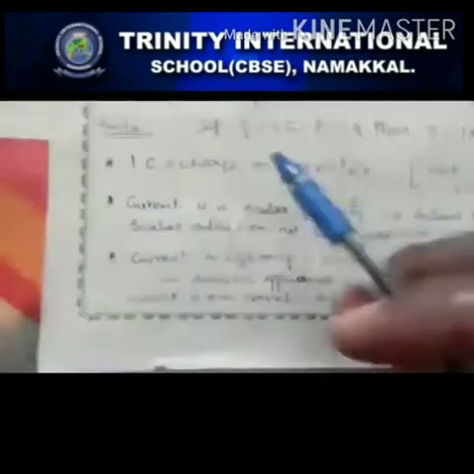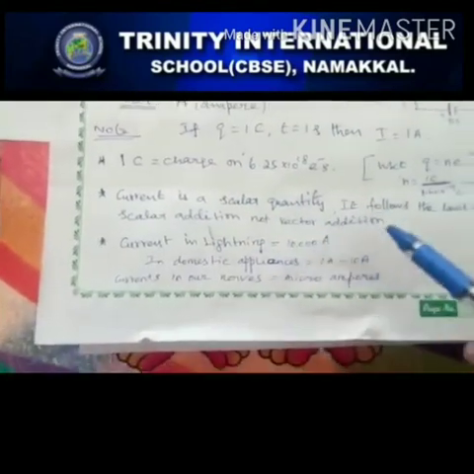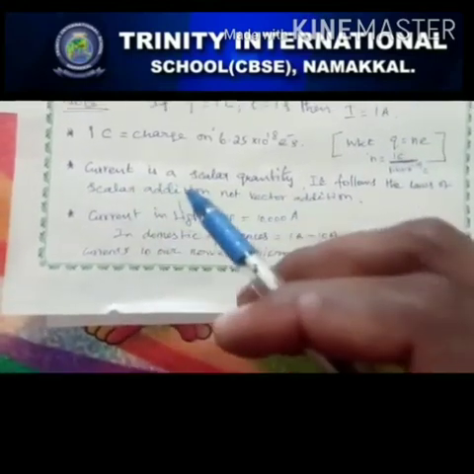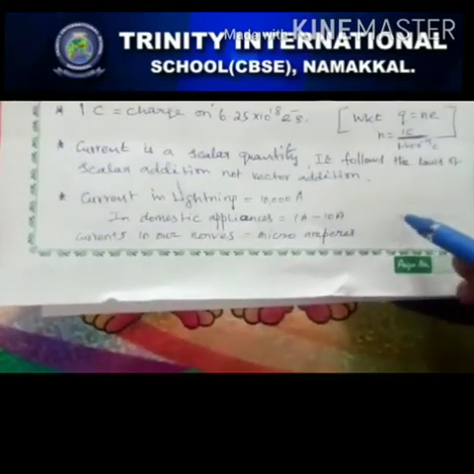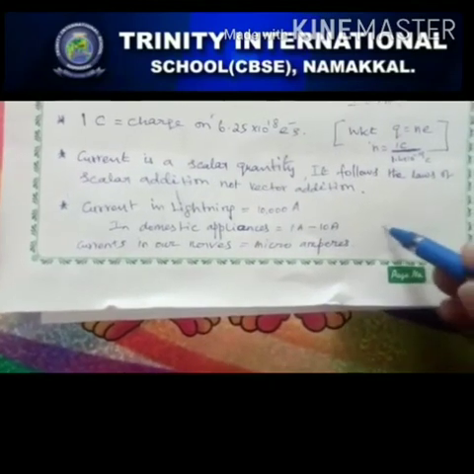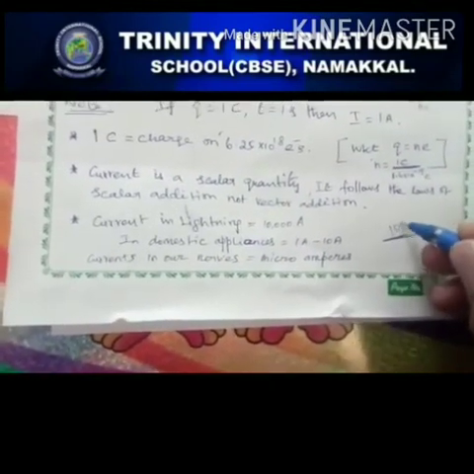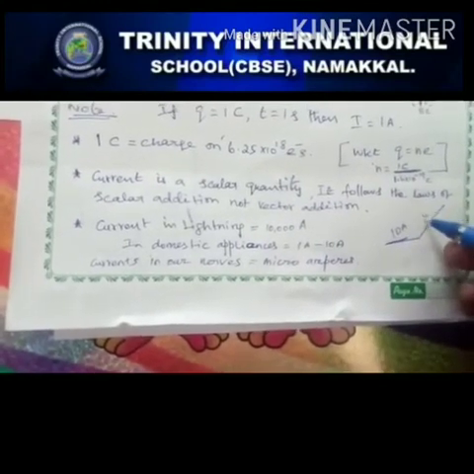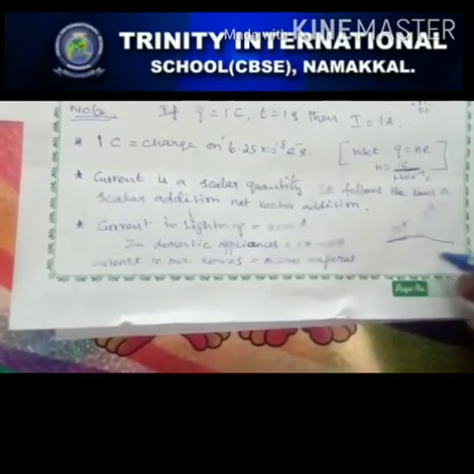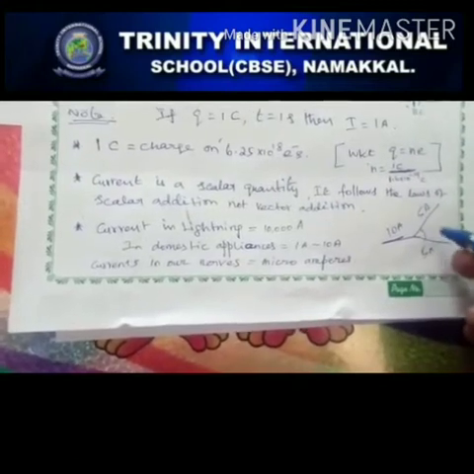Also, current is a scalar quantity. It follows only the laws of scalar addition, not vector addition. If a 10 ampere current is divided into 5 ampere and 5 ampere, there is an angle between the two currents.